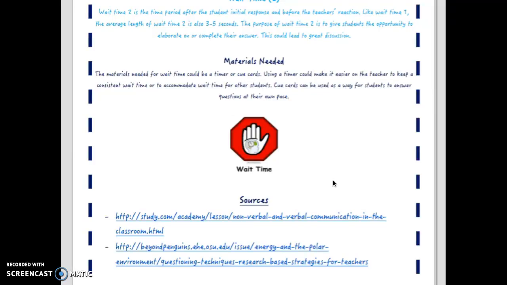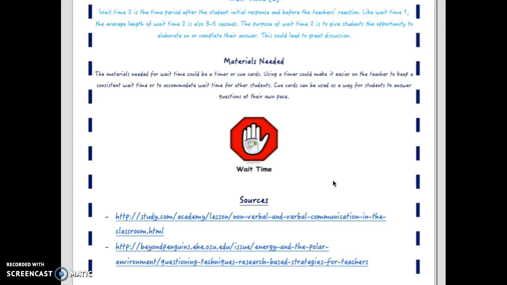So if you're in a general education classroom and you don't have any students that need modifications in wait time, they all just need 3 to 5 seconds, then you can have a timer or maybe look at the clock and keep track of how much wait time you're giving students and make sure it's consistent for all students and for all of your questions. And then a timer could also be used if you need to make modifications and maybe give a student a little bit more wait time to make sure that you're actually giving them those extra seconds that they need.